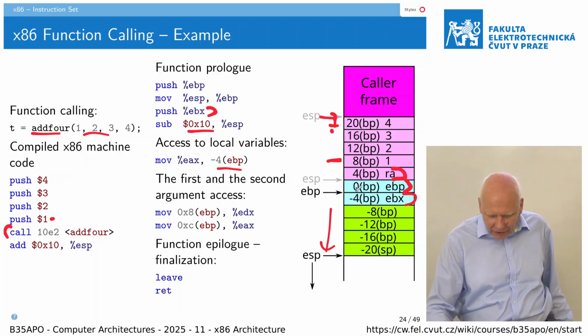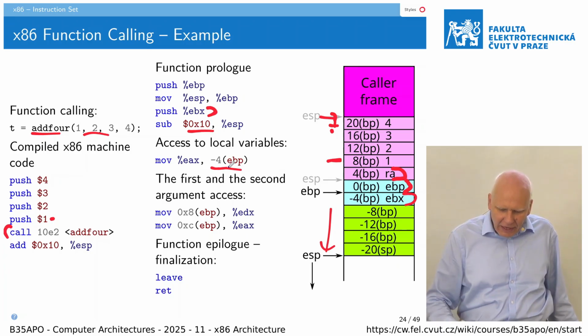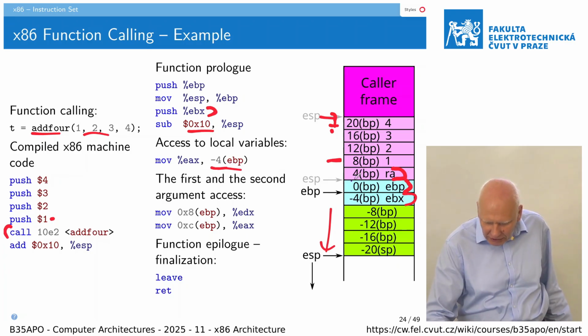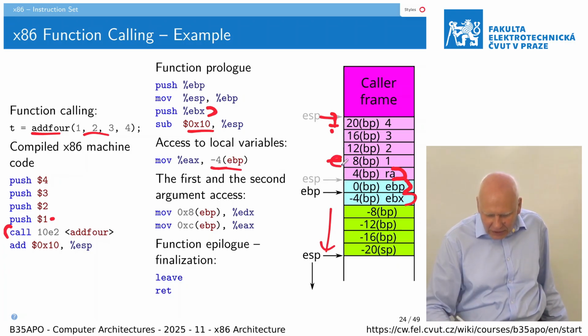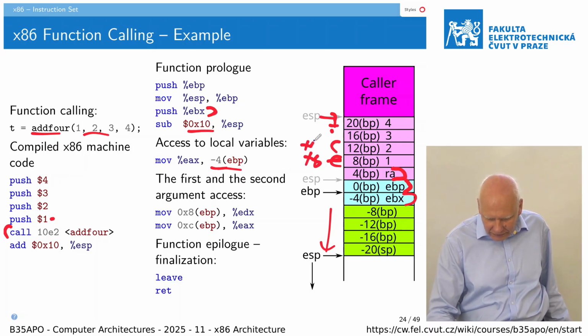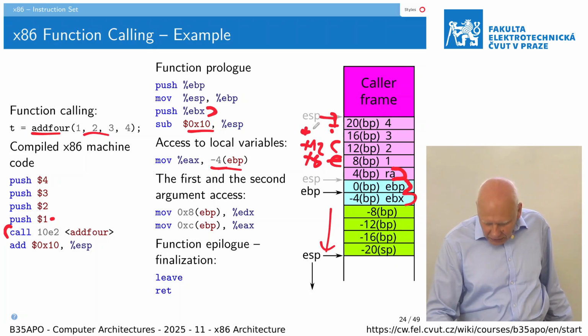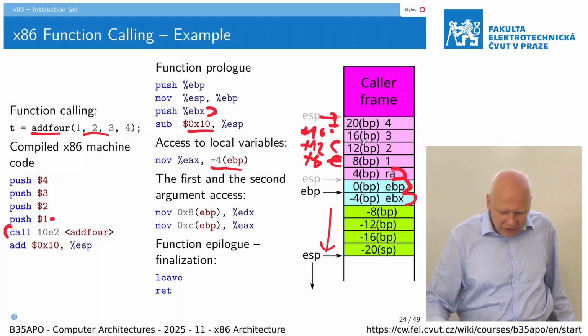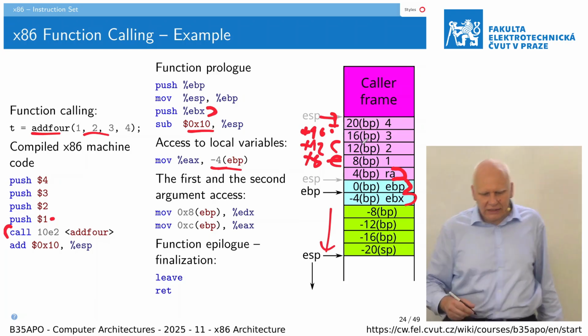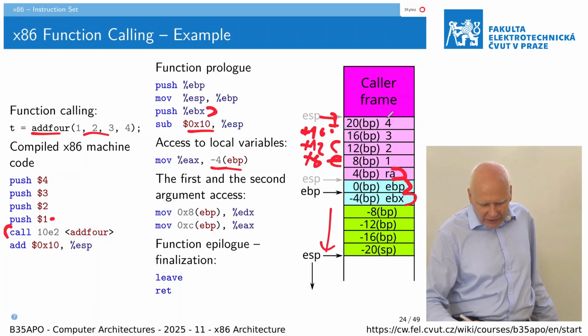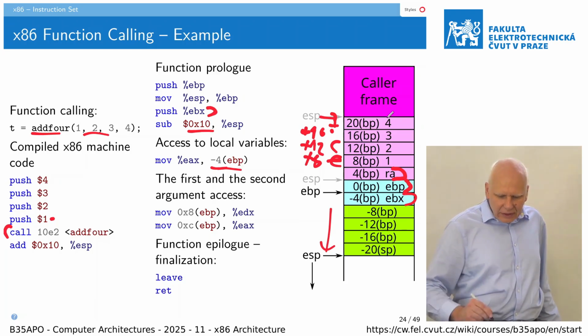But anyway, we can use those negative offsets and positive ones: EBP plus 8 to access argument 1, plus 12 for the next argument, plus 16 and 20 and so on. So basically, we can access the arguments this way relative to the EBP.